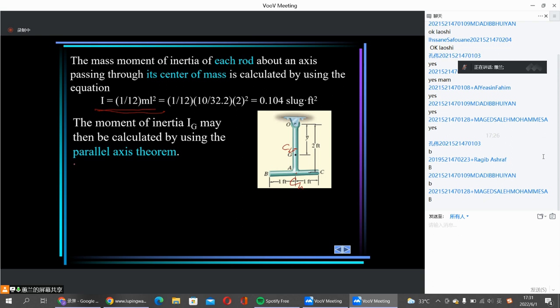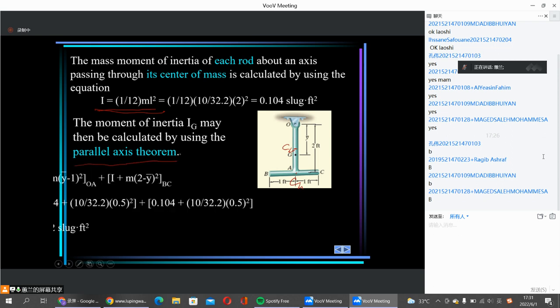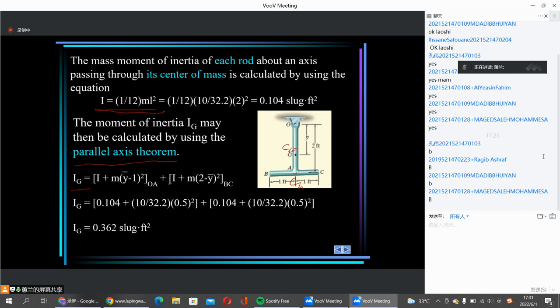And then we use the parallel axis theorem. So Ig for OA, the vertical rod, is the mass moment of inertia about its mass center plus the mass m times the perpendicular distance squared. The perpendicular distance will be the mass center of the assembly minus 1, squared.